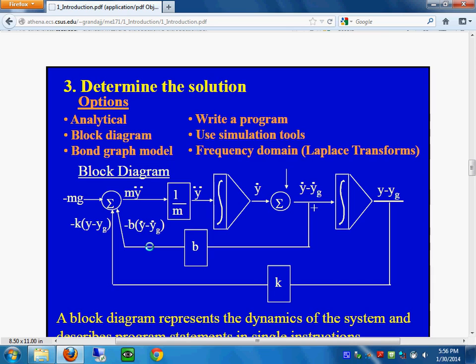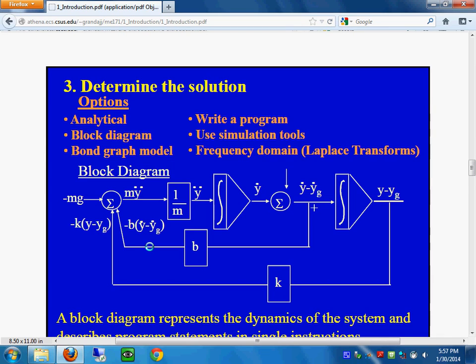Now, it's possible that at first it may appear overwhelming to you because all of a sudden we have this block diagram in front of us. But I think it is perfectly okay that we go from the differential equations into this diagram in a painless way.